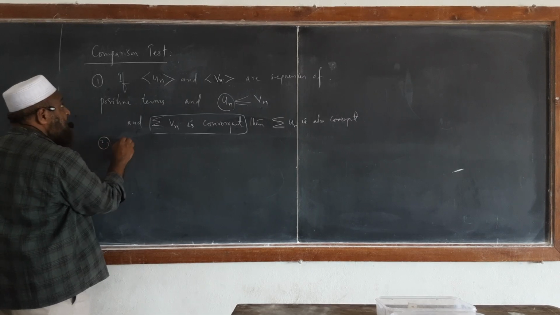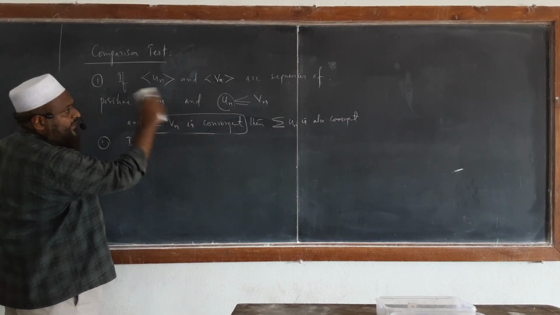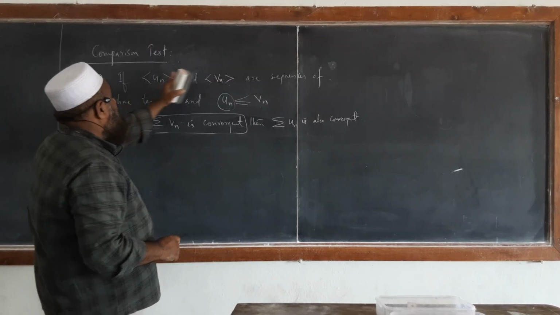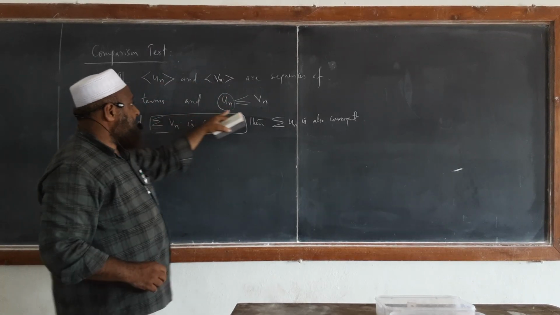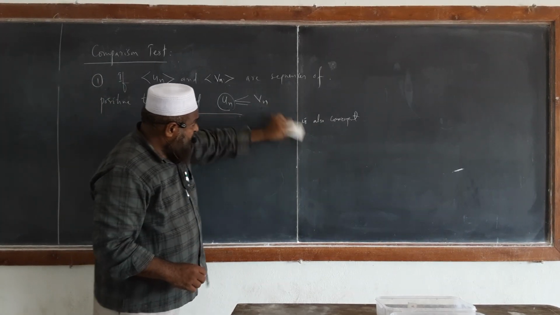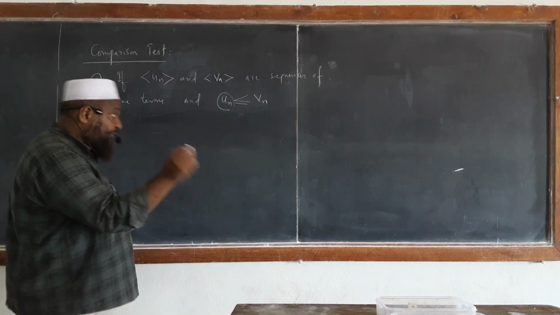The second situation: the same things, un and vn are sequences of positive terms with un less than or equal to vn. I want to make two bits here.